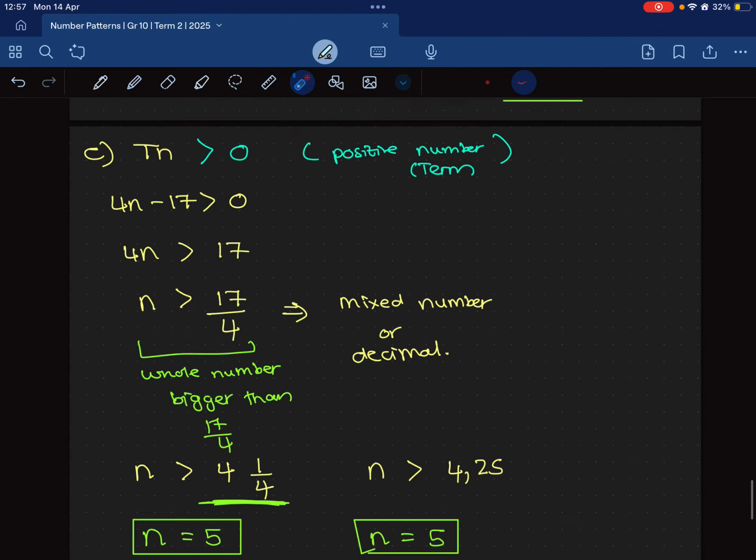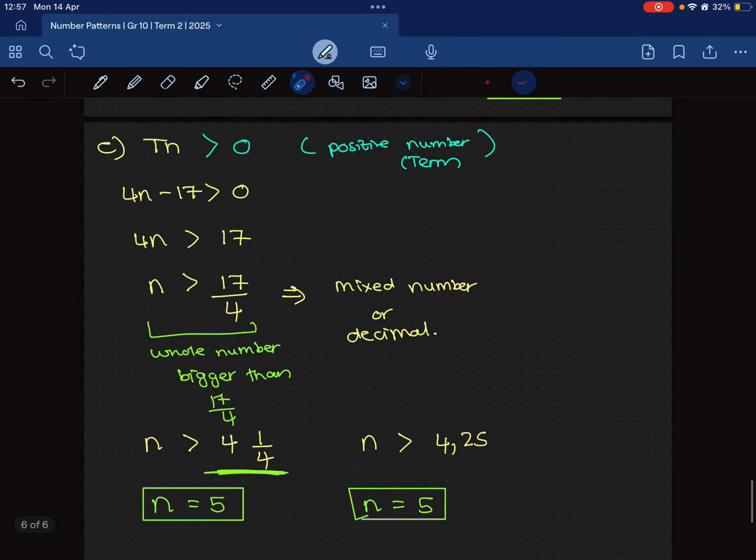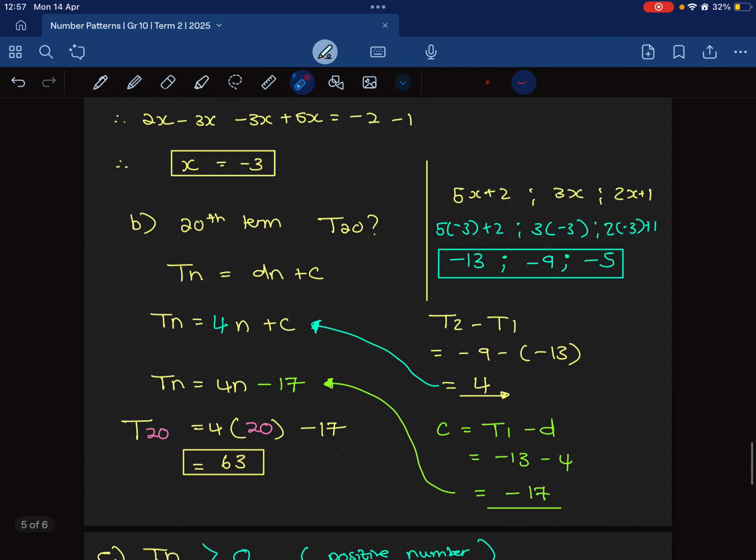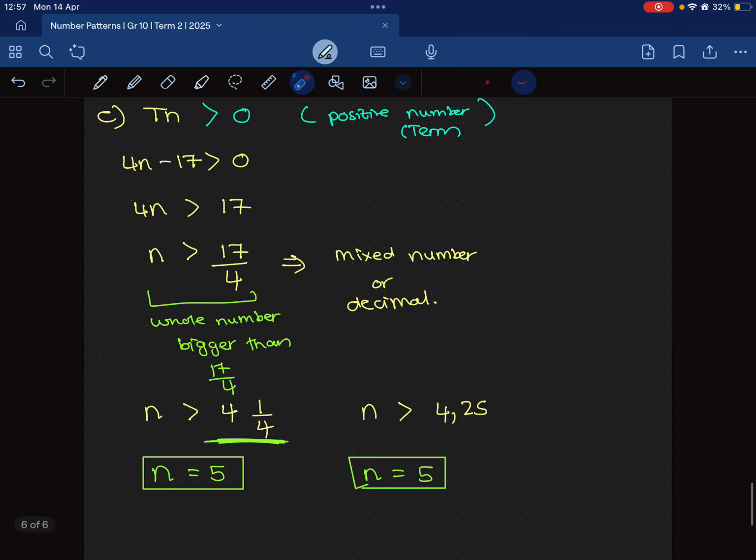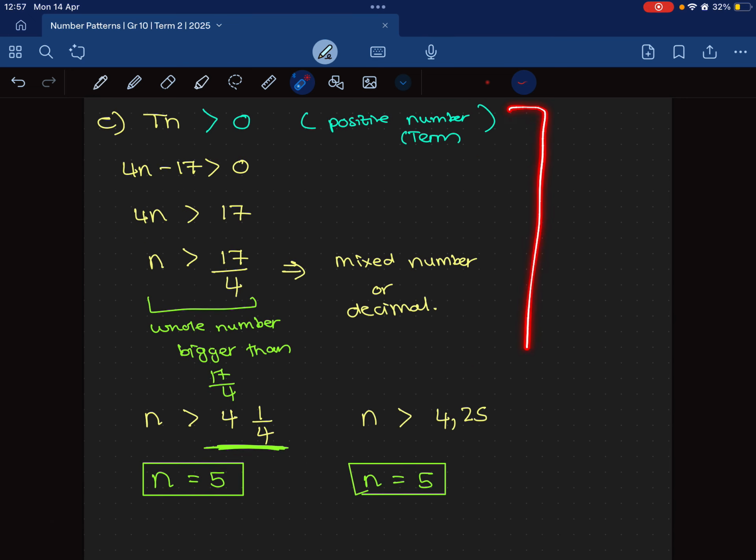But please note that you have to do it using this method. You can't just keep going until you find the first positive term, okay? Because that's not always going to work. And so that's going to be a problem. So make sure that you know how to solve it using this method or a method of solving, and not just doing it for the sake of doing it.